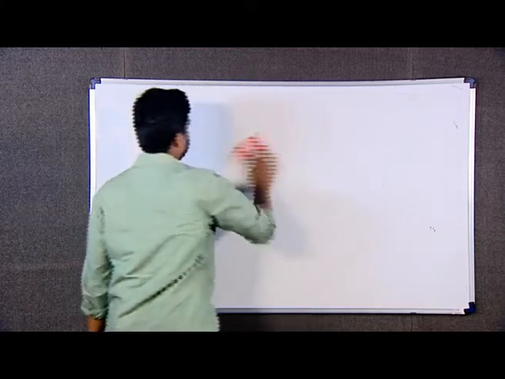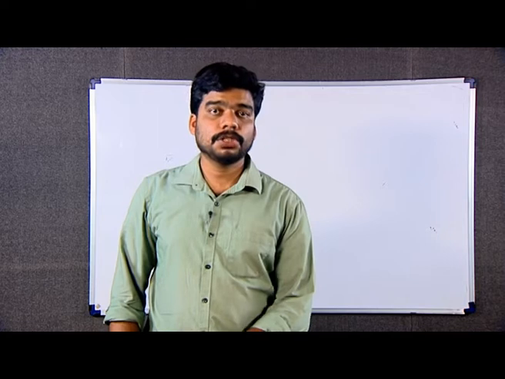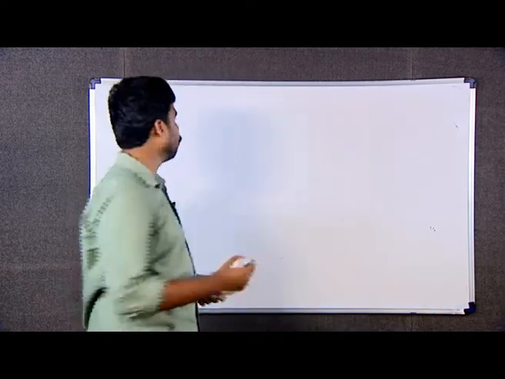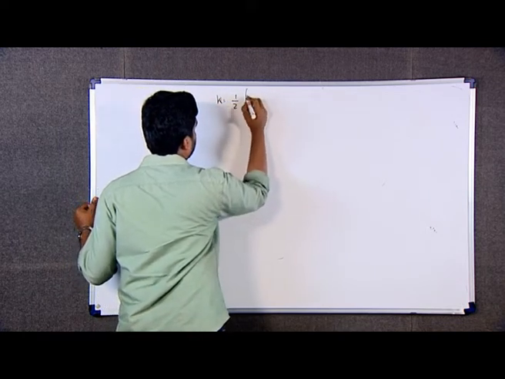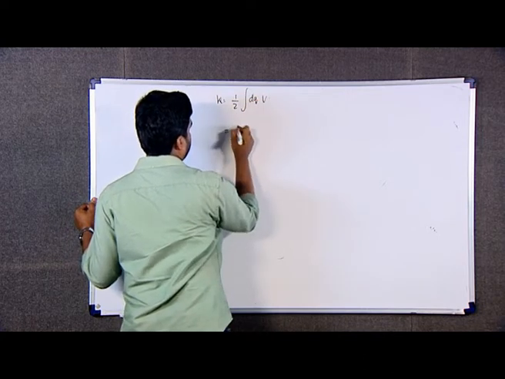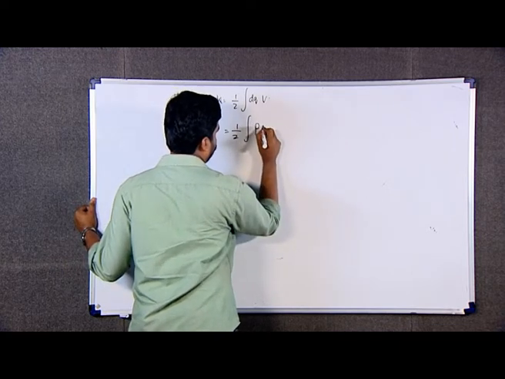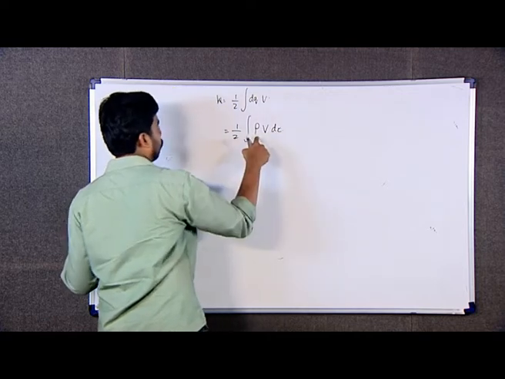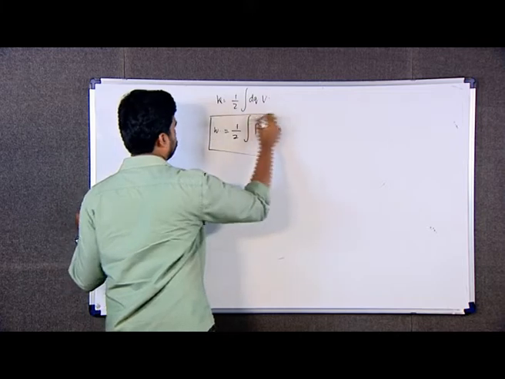I will focus on the volume charge distribution first. It is a very simple equation: W is equal to half integral dq V, where I can put dq as rho d-tau, where rho is the volume charge density.